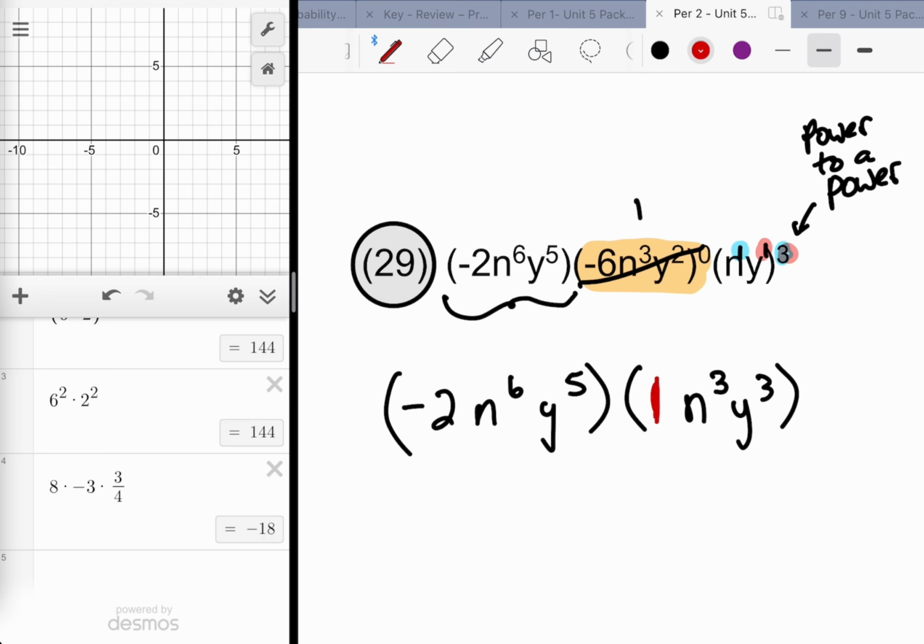So just so I have a partner for the negative 2, I could put that 1 there. Negative 2 times 1, negative 2. N to the 6th times n to the third, keep the base, add the exponents. So n to the 9th. Y to the 5th, y to the third, keep the base, add the exponents, y to the 8th.